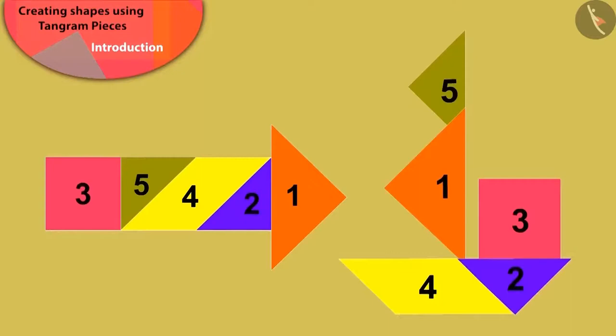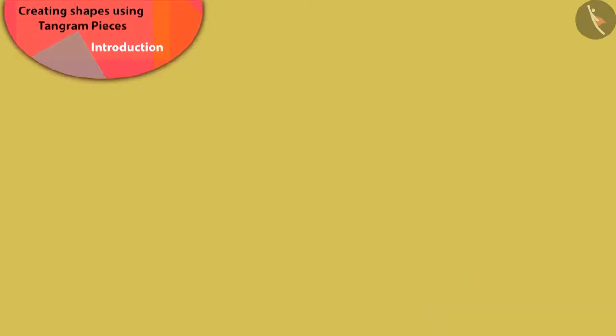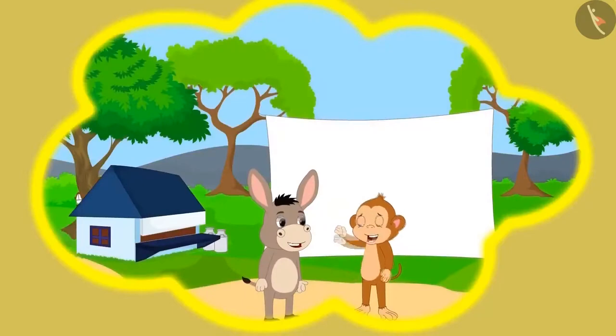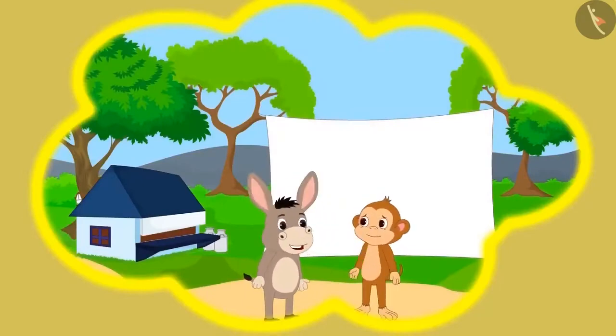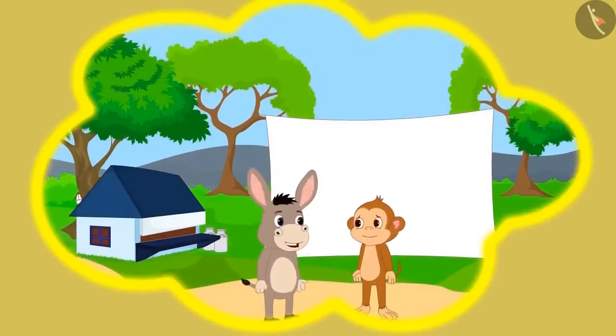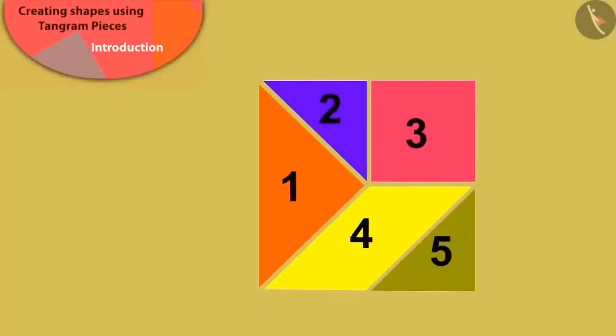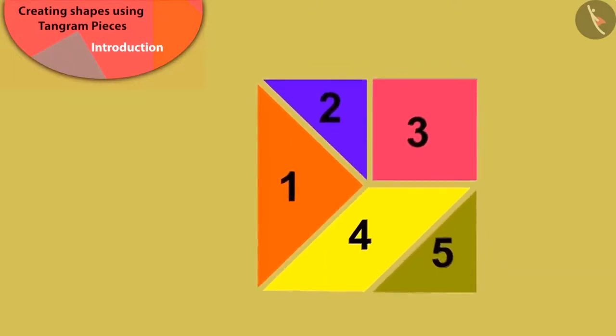You have made very beautiful shapes. You can also try to make these types of shapes. Now what Babban and Bhola will do now, we will see in the next video. Till then, you can make shapes and play games with this Tangram.